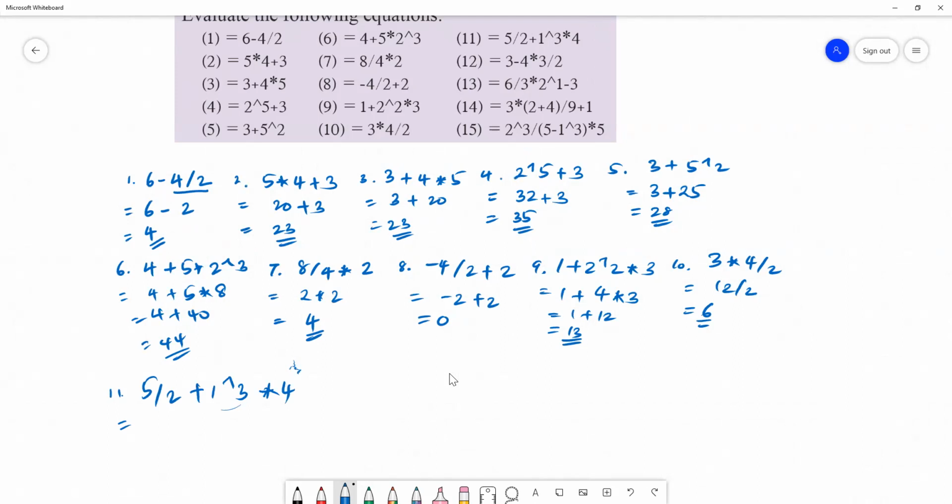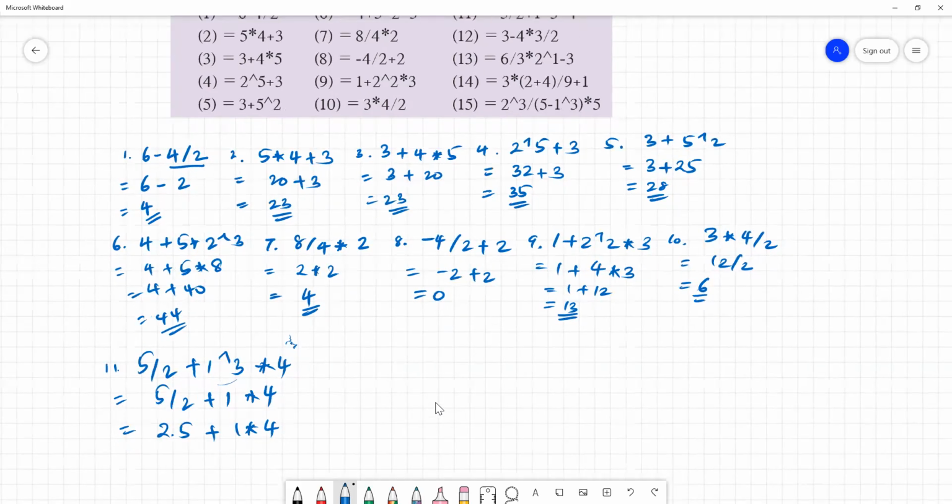And to the power 3, that is the same. So 5 divided by 2 plus 1 into 4. So first come division and multiplication. Division comes first. So that means this is 2.5 plus 1 into 4, right? Am I right? Yes.